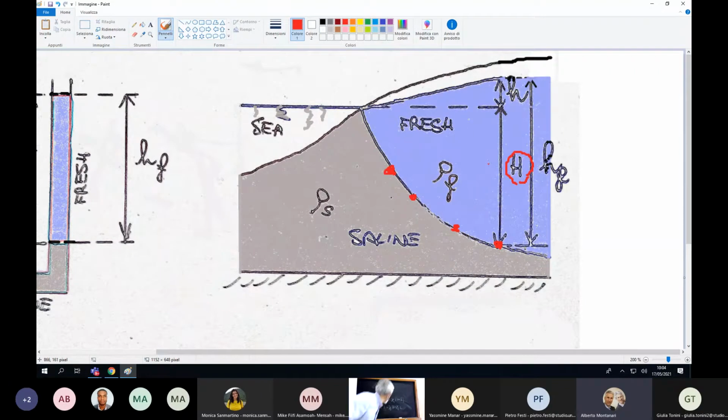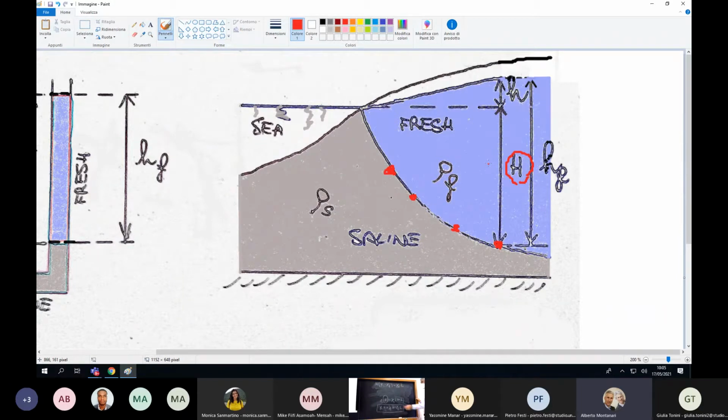So let's go back to the blackboard. And by using this relationship here, let's find an explicit representation for capital H. So let me put the terms with capital H on the left-hand side. And therefore, I can write capital H, which multiplies gamma S minus gamma F, is equal to gamma F times lowercase h.